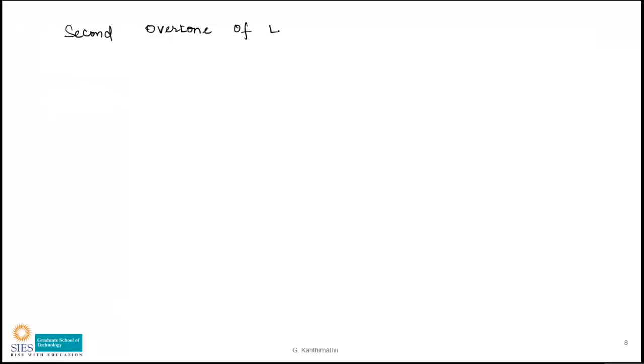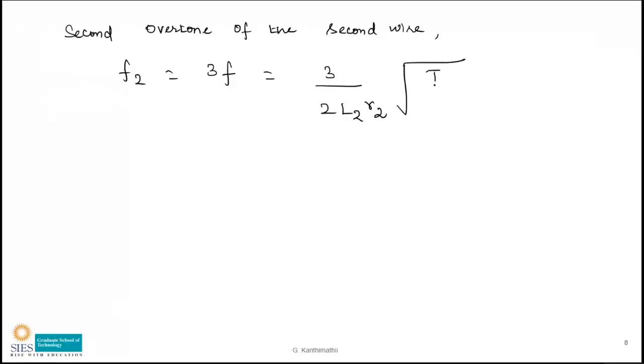I already know the value of f. So if I substitute this, I would get 3 upon 2 L2 R2 into square root of T upon pi rho. Okay. And the first overtone of the first wire is actually equal to the second overtone of the second wire. That means F1 is equal to F2.